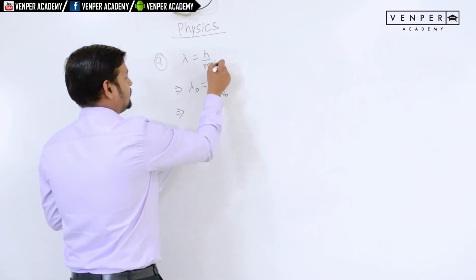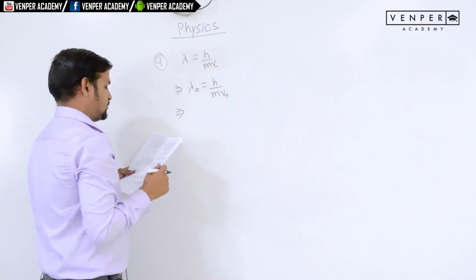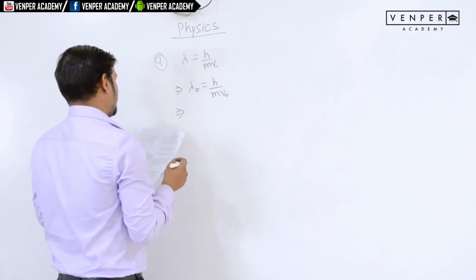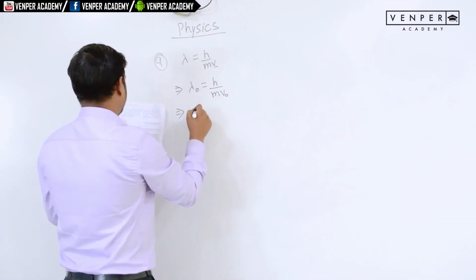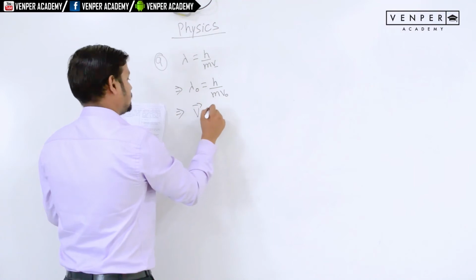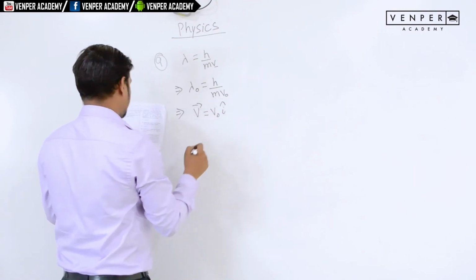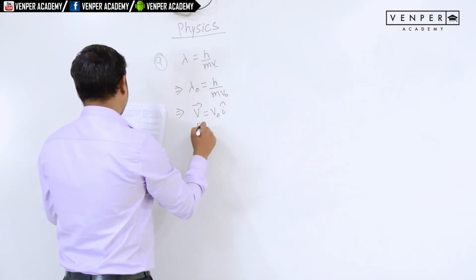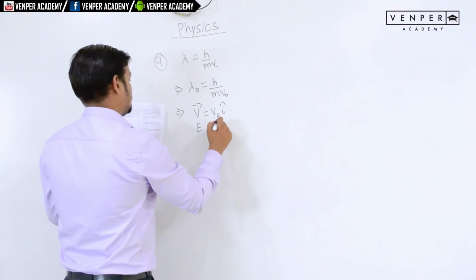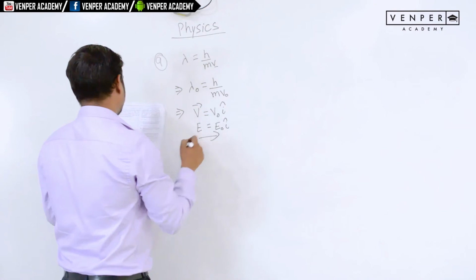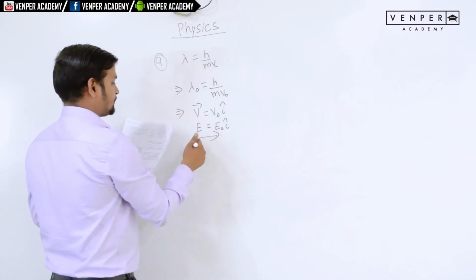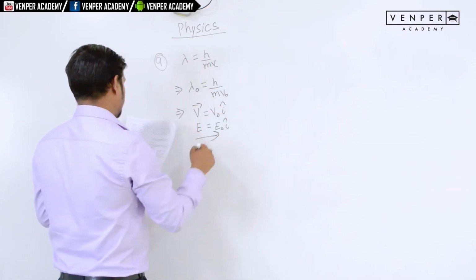Where v is the velocity of that particle. The initial velocity of the electron is given as v is equal to v naught i cap, and the electric field is in the direction of that velocity only.